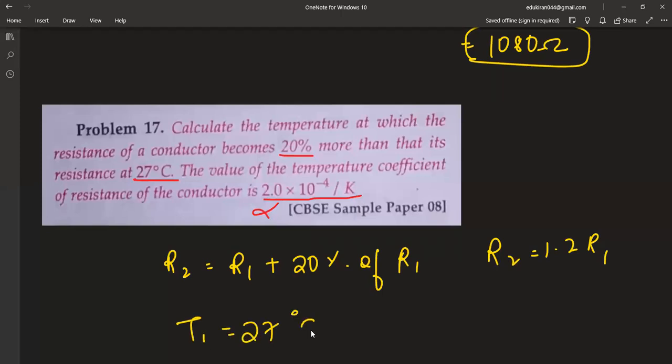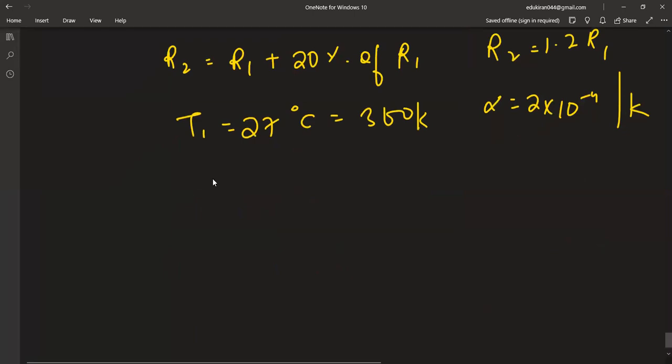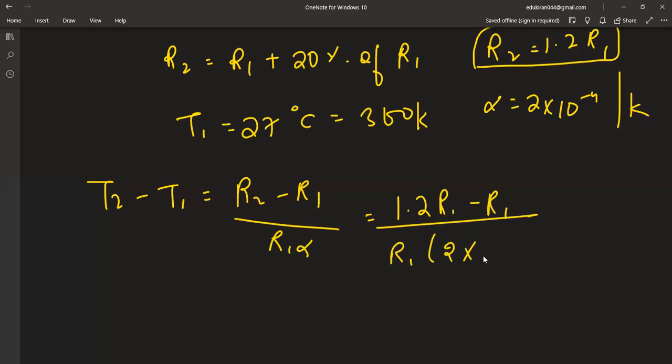Temperature 1 is 27 degrees Celsius. This is 300 Kelvin. And alpha is given as 2 into 10 to the power minus 4 per Kelvin. This you can now solve further. So T2 minus T1 is equal to (R2 minus R1) by R1 alpha. So R2 and R1, this relation we have written. So it is (1.2 R1 minus R1) by R1 into 2 into 10 to the power minus 4.